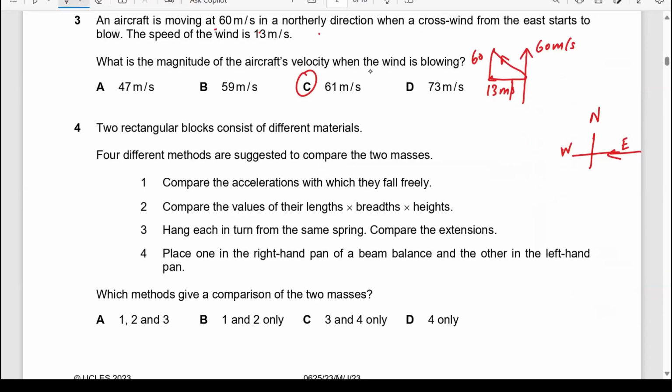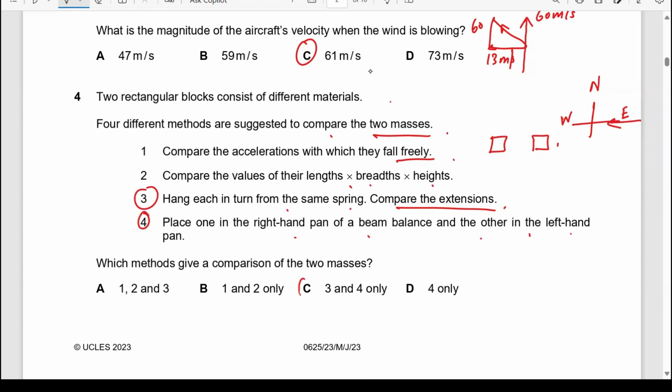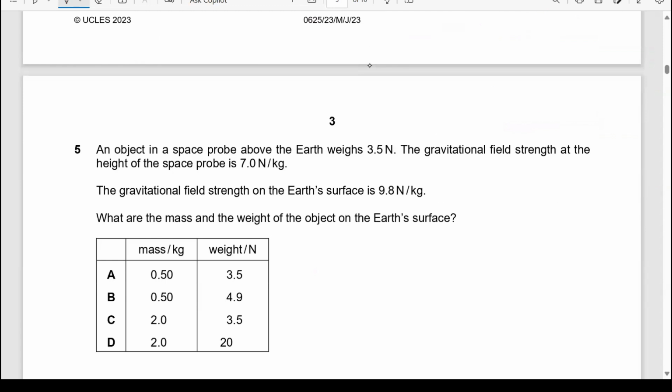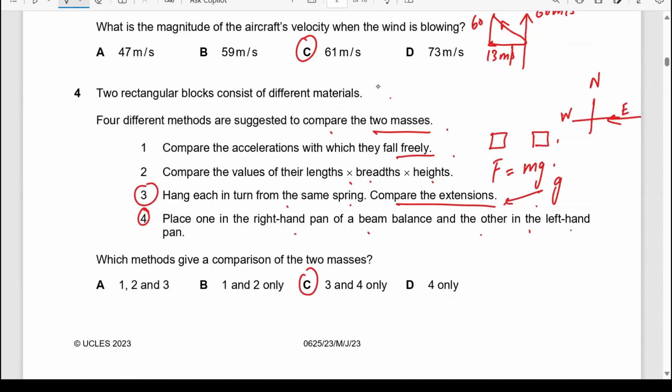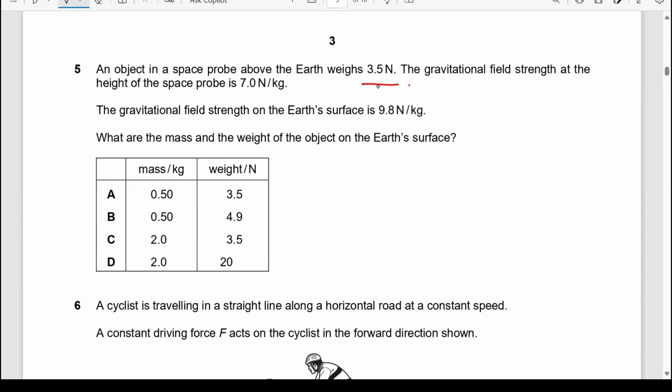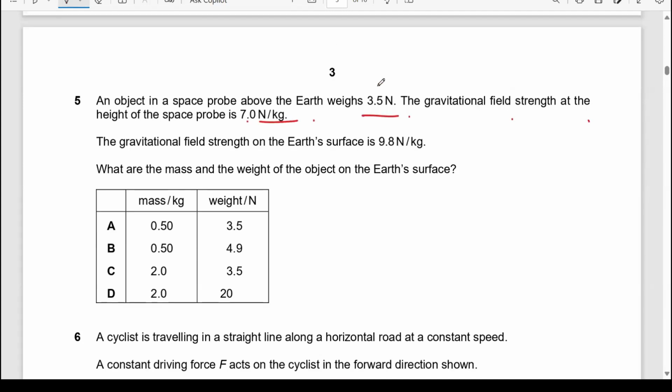Rectangular blocks consist of different materials. Four different methods are suggested to compare the two masses. Which methods give a comparison of the two masses? The answer is... An object in a space probe above the Earth weighs 3.5 Newton. The gravitational field strength at the height of the space probe is 7 Newton per kg.